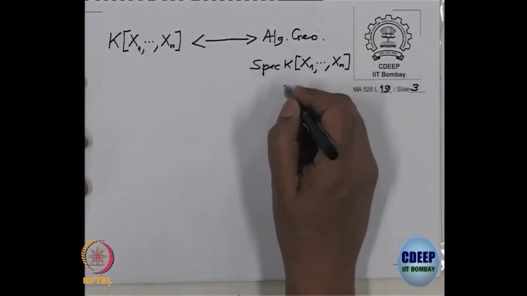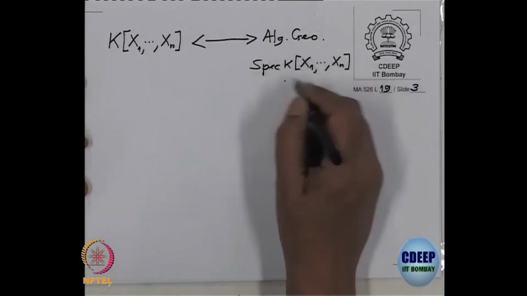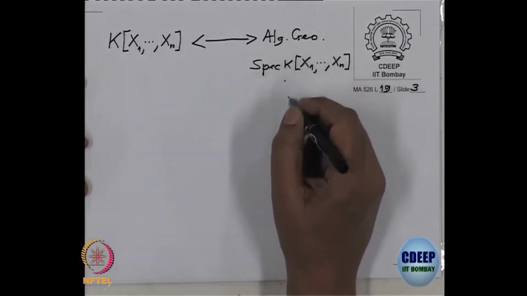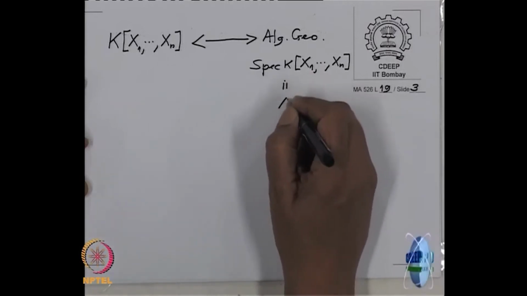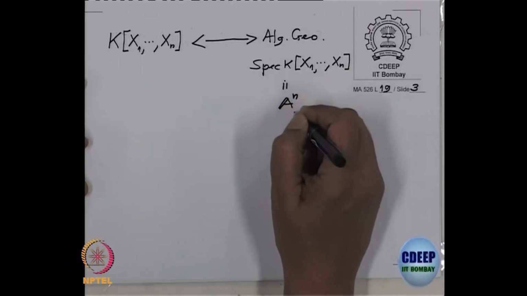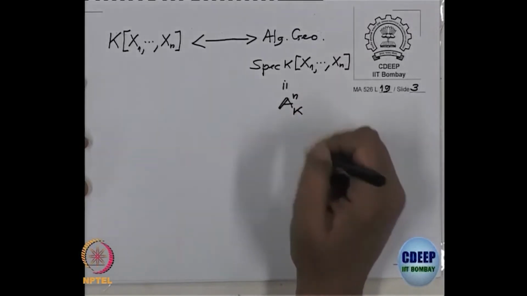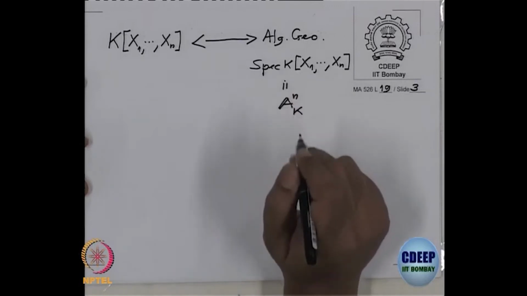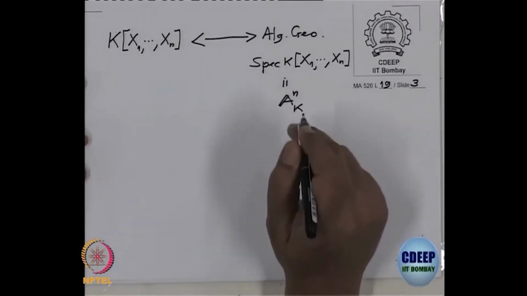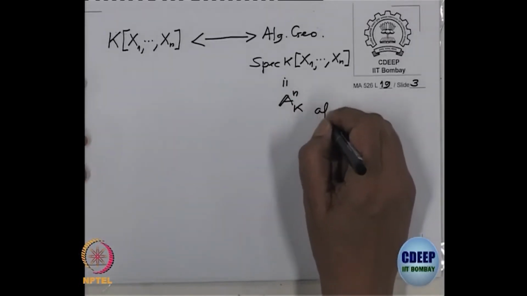This is also called by some people the affine n-space over the field. This is also usually denoted by A^n_k. This is not k^n, but the spectrum is also known as affine scheme. Actually, it is called affine scheme.